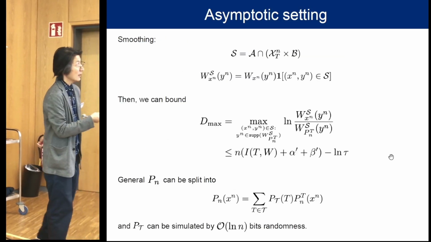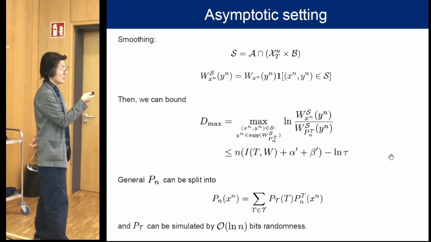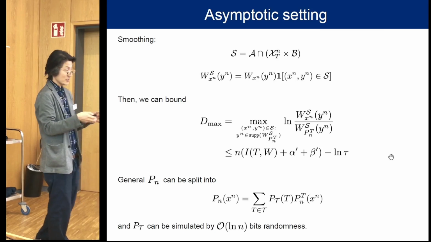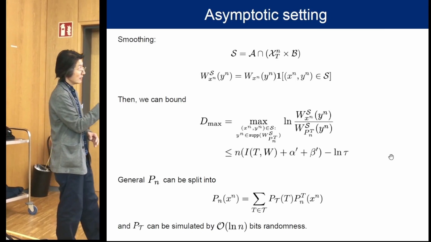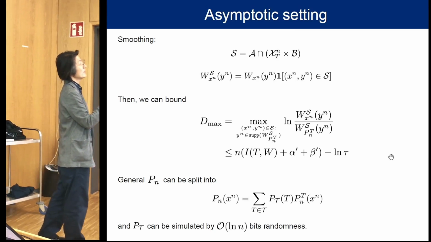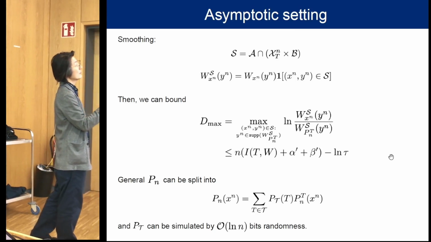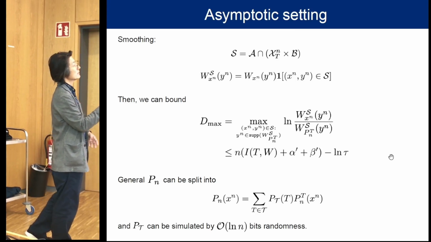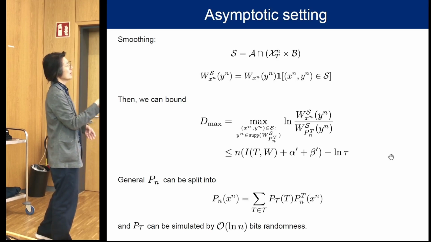And then we do some truncation. So we introduce this kind of set S, and we truncate the distribution outside of this set S. And then D_max evaluated on this set S can be bounded by n times mutual information plus some error terms.